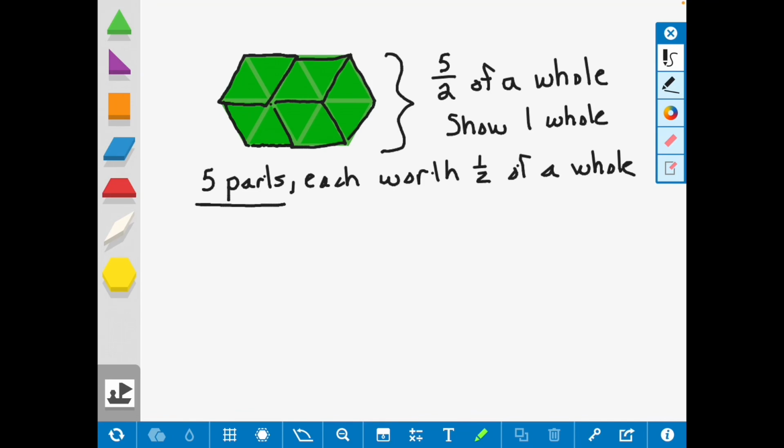So my parts are equal. They're all the same size. They're all comprised of two triangles. And I know that the 5 parts each have the value of half of a whole.